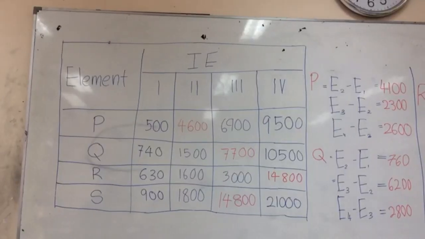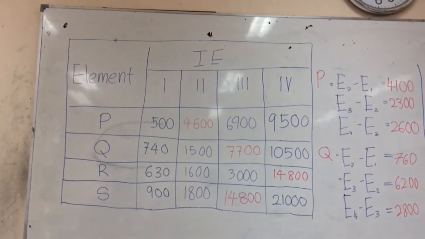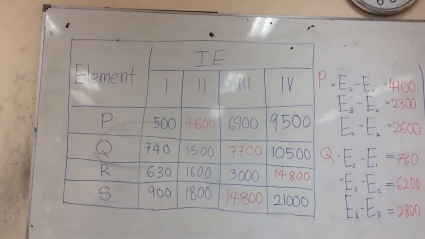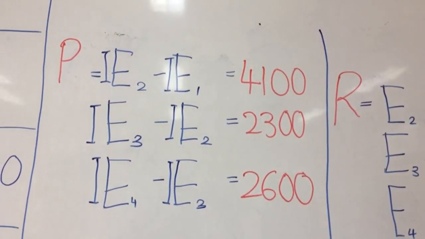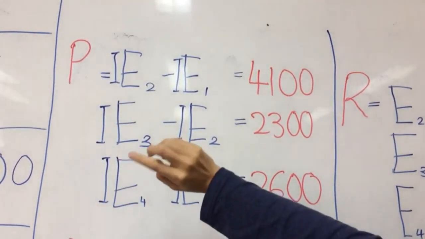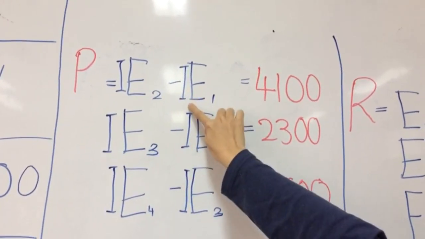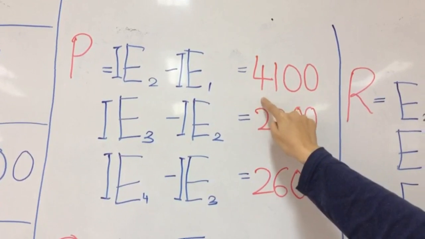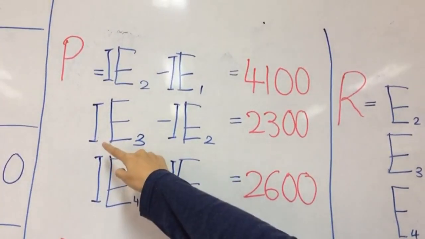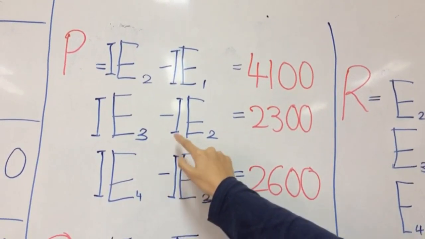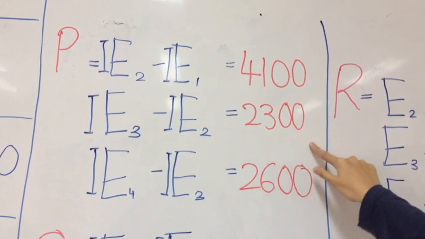When you get a table question, the first thing you must do is analyze the table by finding the differences. First, we find the difference for element P: ionization energy 2 minus ionization energy 1 is equal to 4100. Then ionization energy 3 minus ionization energy 2 is equal to 2300.